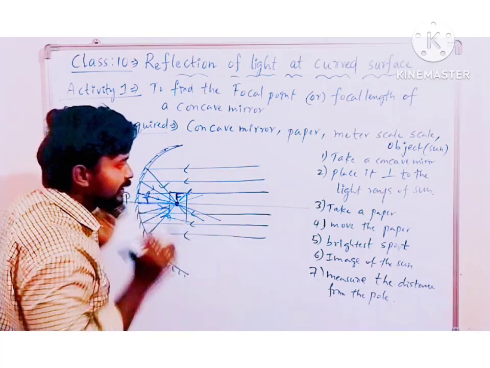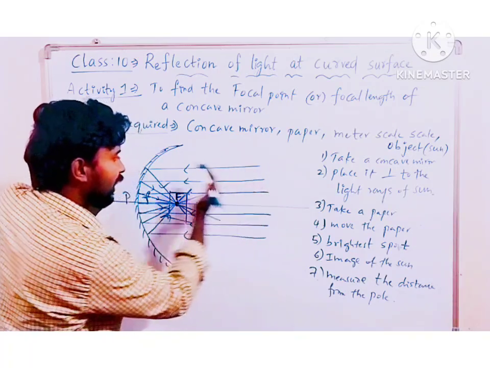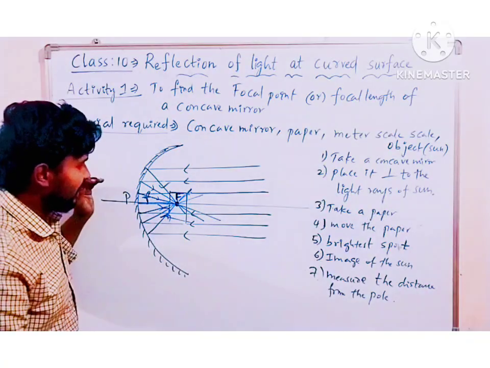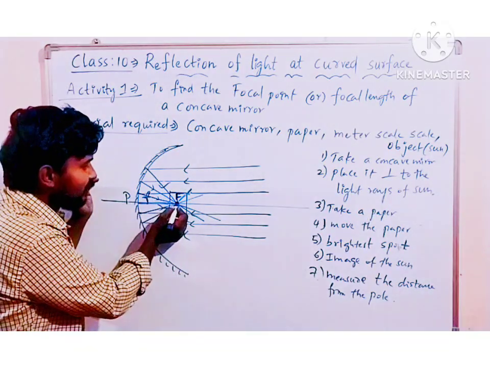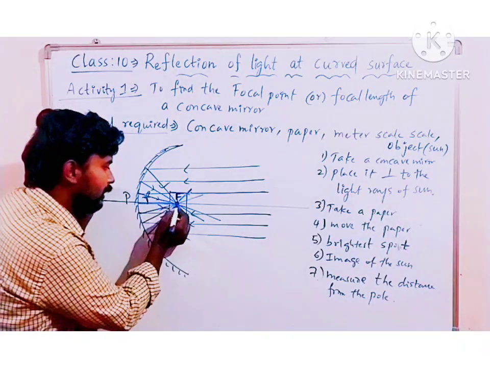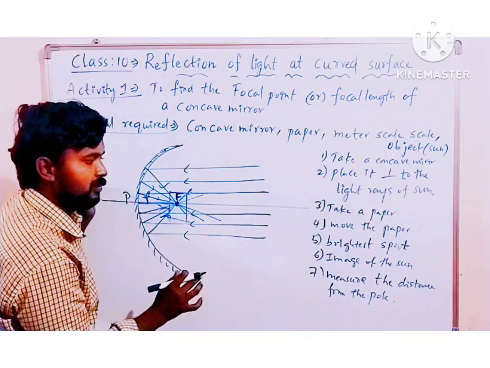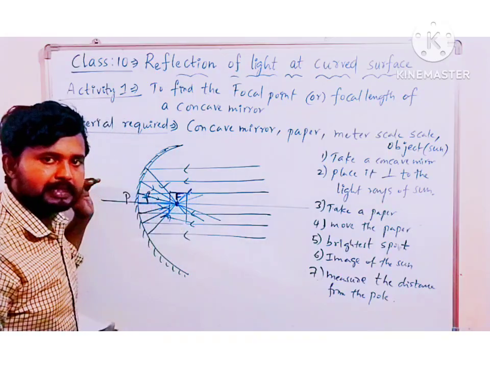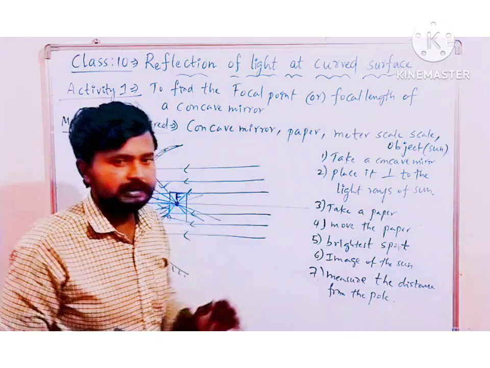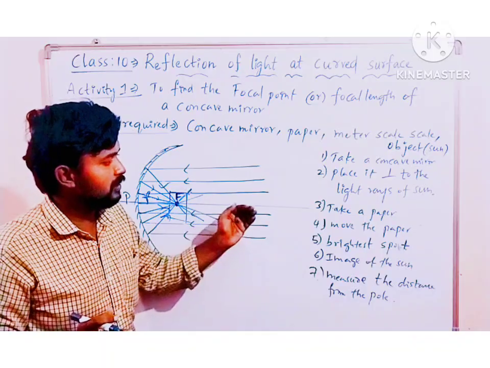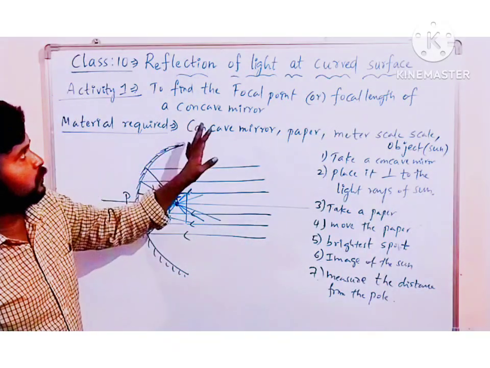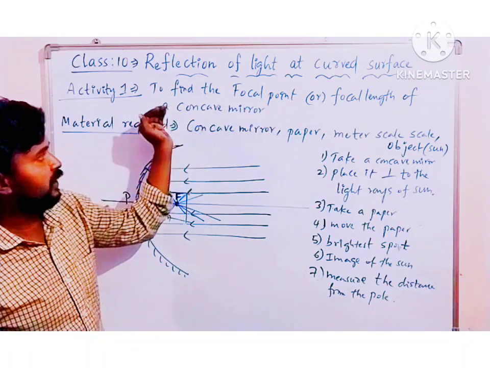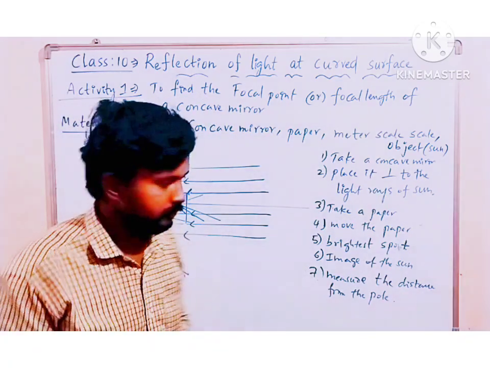When a parallel beam of light rays falls on a concave mirror, after reflection they converge at one point. This point is called the principal focus, or focal point, or the image of the sun. This is the activity to find the focal length of a concave mirror.